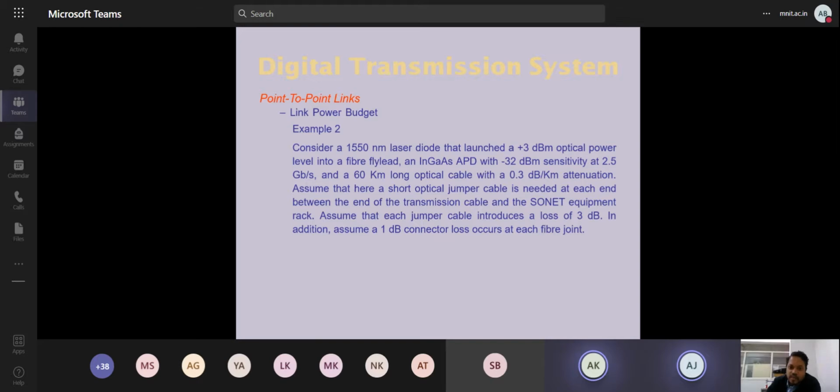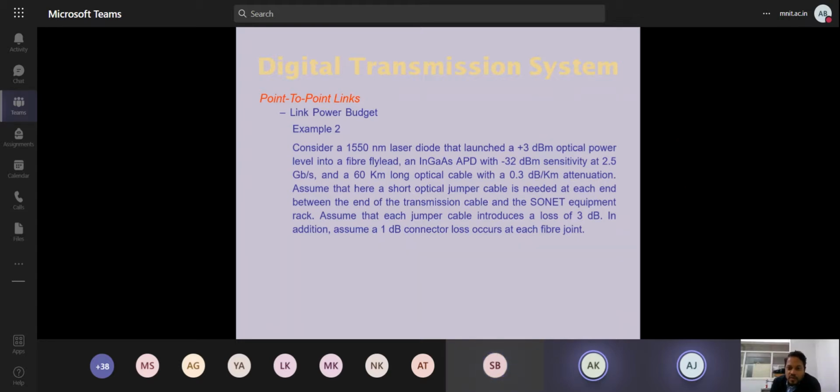So this is something like a hidden component. You do not have just two connectors, you have six connectors. Here it is given, the SONET equipment rack, so this is something in between the link.